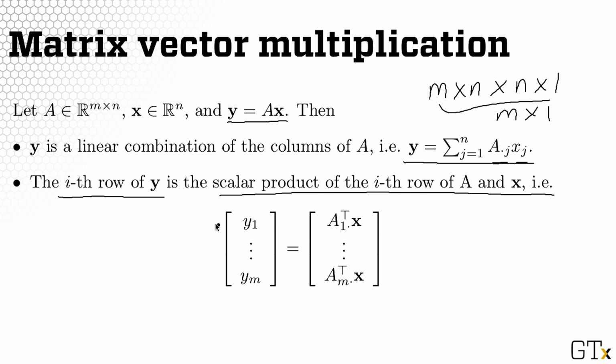So the first entry of the y vector is the scalar product of the first row of the A matrix times the x vector. Both of these different ways of viewing matrix vector products are going to be useful.